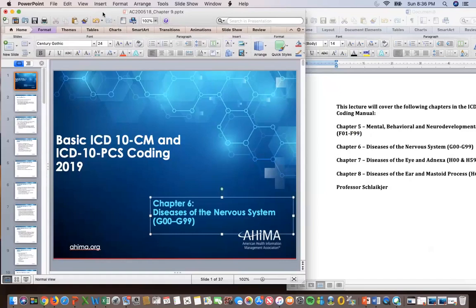So F45.41 tells us pain. The category is F45.4, and you'll see to the left of the red block that says fifth digit is needed, so you cannot use the F45.4. Pain disorders related to psychological factors exclude pain, but we are going to need a fifth digit, so we'll need F45.41, pain disorder exclusively related to psychological factors.